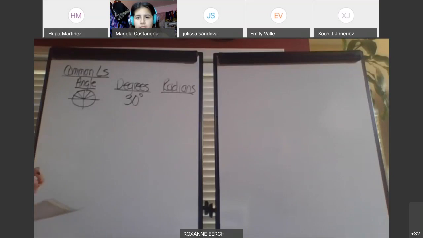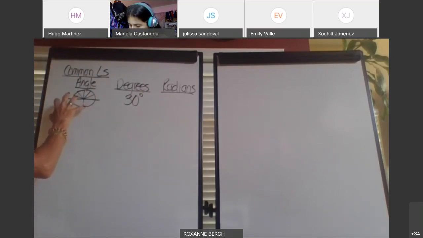The reason I'm doing this is, if I was going to graph 30 degrees, wouldn't this be 30, 60, 90? And then it would go on from there all the way to 180 degrees. It's harder to see with degrees, but if I showed you radians, this is going to make a lot of sense.